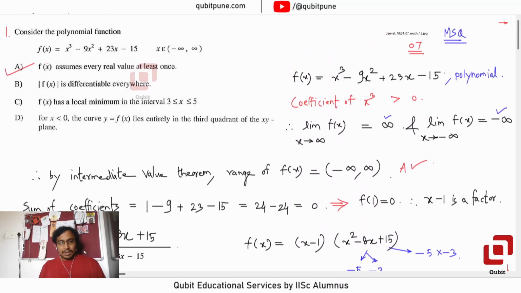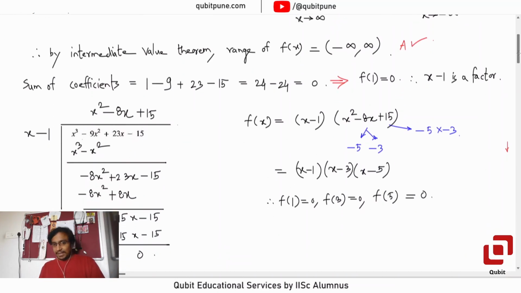Had we known that earlier, we would have directly checked f of 3 and f of 5, but of course in the exam we will not be knowing that unless we do it manually. So f of 1 is 0, f of 3 is 0, and f of 5 is equal to 0.